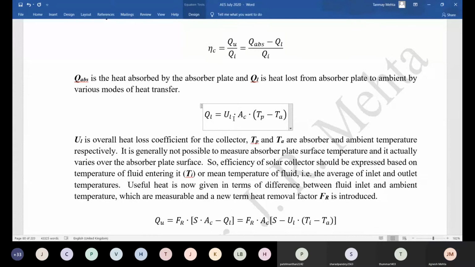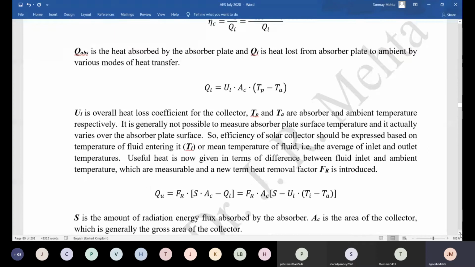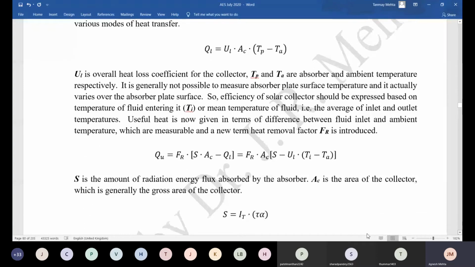Now we want to rewrite the formula in a particular way. One of the reasons why we want to rewrite is we don't want this plate temperature here. And you can say there are two reasons. One, plate temperature cannot be directly measured.